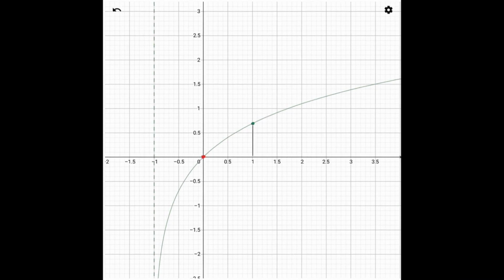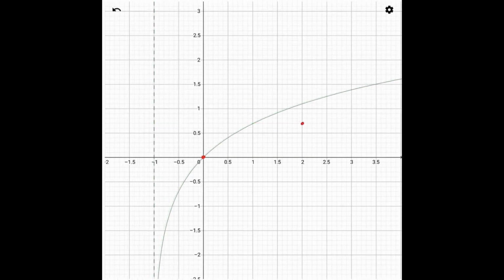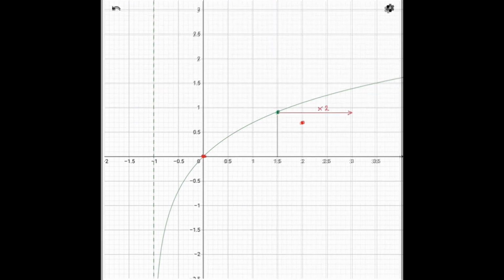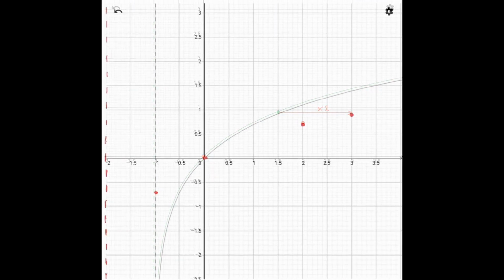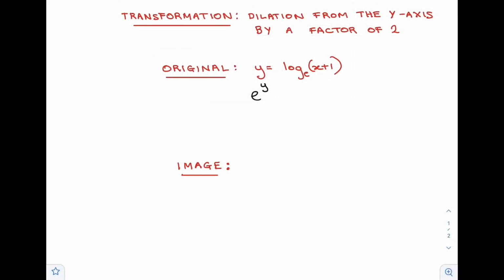By contrast, dilation from the y-axis by a factor of 2 affects only the x values on the curve, and so it is best to start with a form of the original equation where x is the subject. So what we're going to do is rewrite the original equation first. We have e to the y is equal to x plus 1, and subtracting 1 from both sides, we get e to the y minus 1 equals x, or x equals e to the y minus 1.